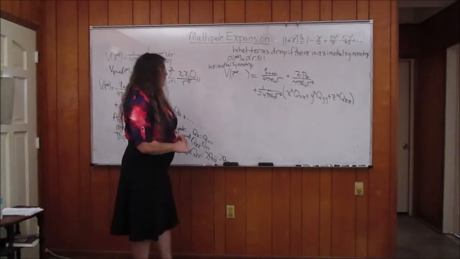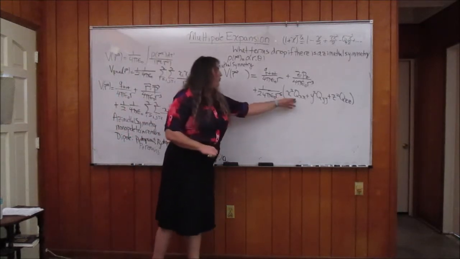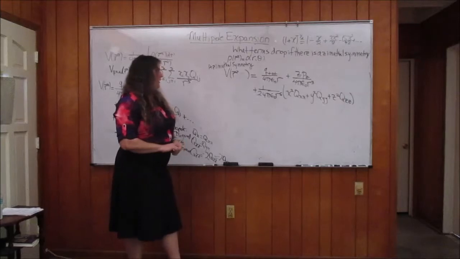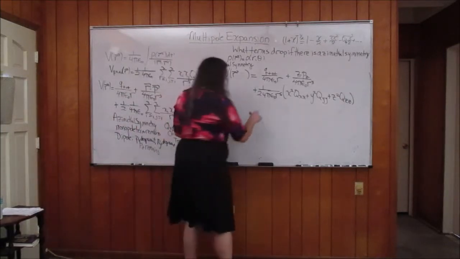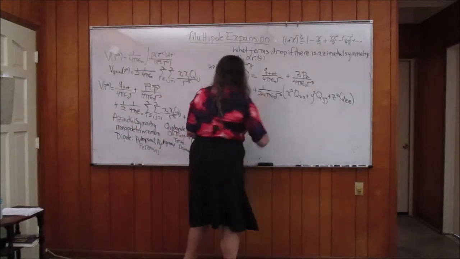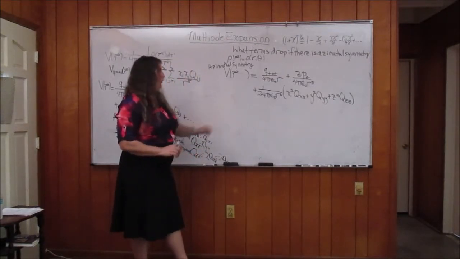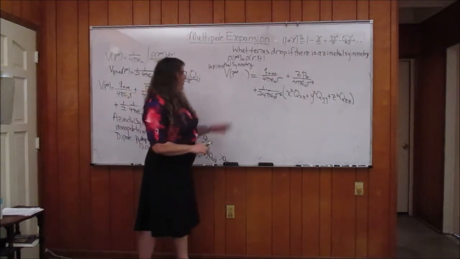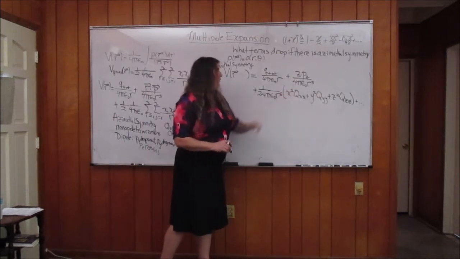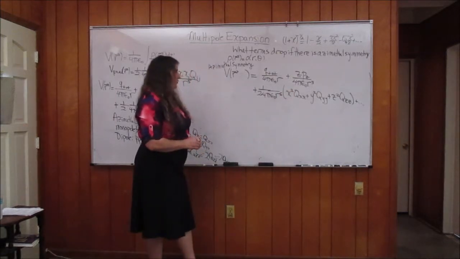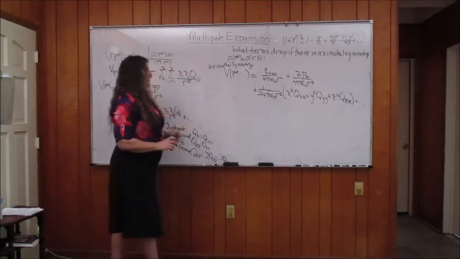Okay, and I could go a step further and just write these all in terms of Qzz. So it's 1/2 times 1 over 4 pi epsilon naught r to the 5th, x squared qxx plus y squared qyy plus z squared qzz, and so forth.